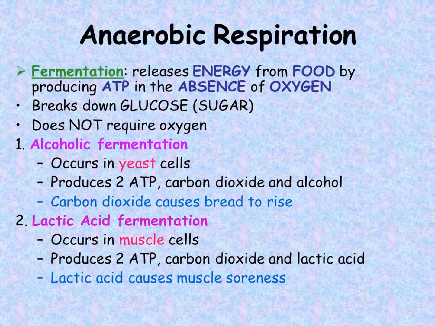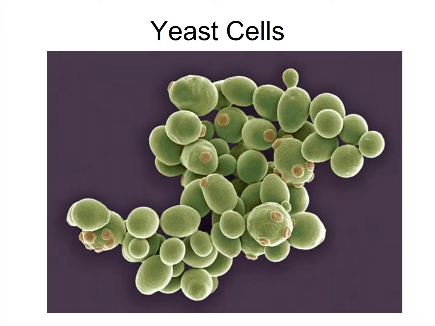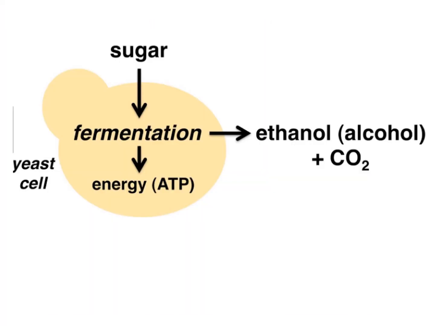All right, and then it goes to anaerobic respiration. Anaerobic respiration is simply without oxygen. And then you have alcoholic fermentation and lactic acid fermentation. Say for like in the yeast cell, sugar goes in, we call it fermentation.